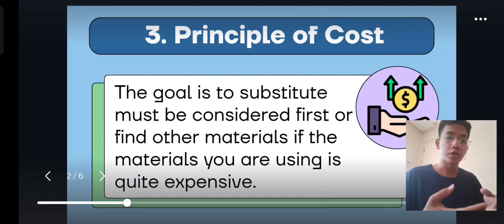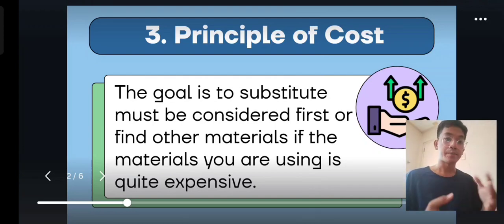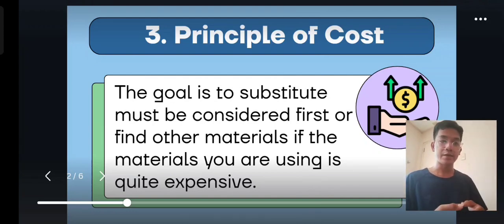by selecting new materials, but in a way that we can afford those kinds of things. Kasi in teaching, hindi naman payaman yan eh. The most important thing is you got the instructional materials, and at the same time you can provide it for yourself for the sake of your students, but not too pricey.